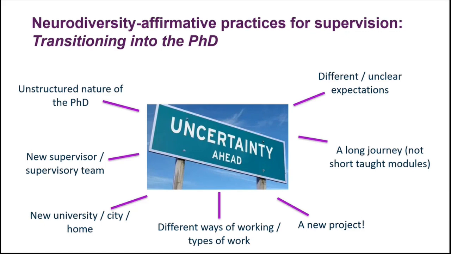Because this PhD researcher is coming from a very different educational experience. They may have moved to a different city, a different university, a different country to complete their PhD. Our ways of working for a PhD versus for a taught program with lectures will be very different.